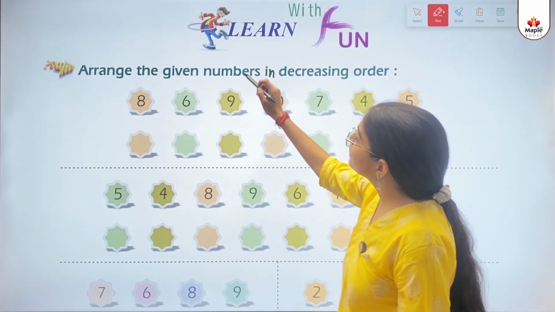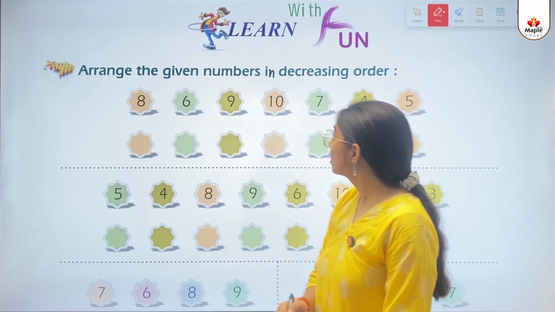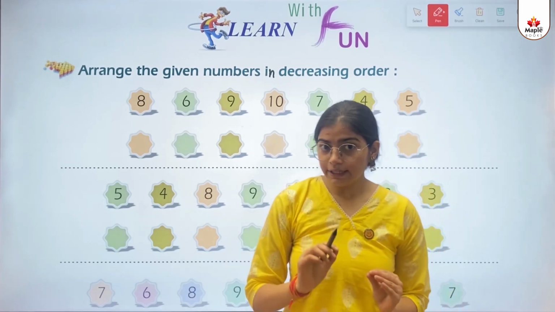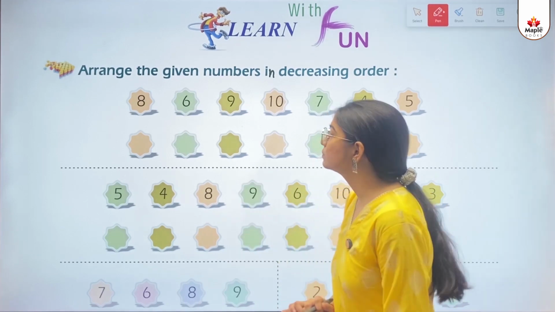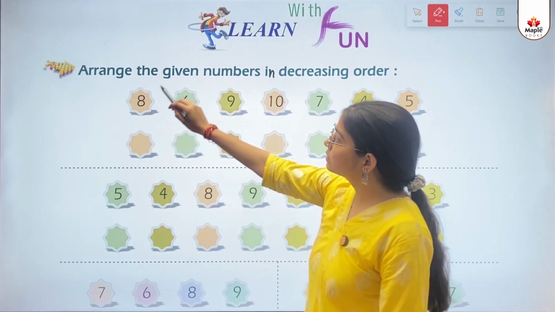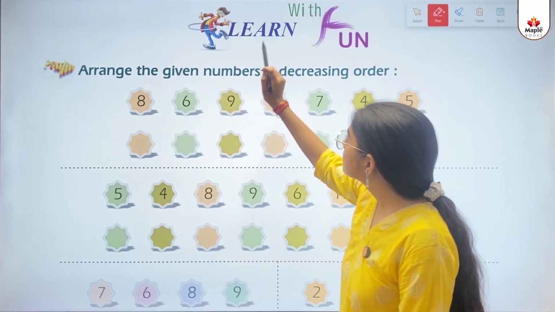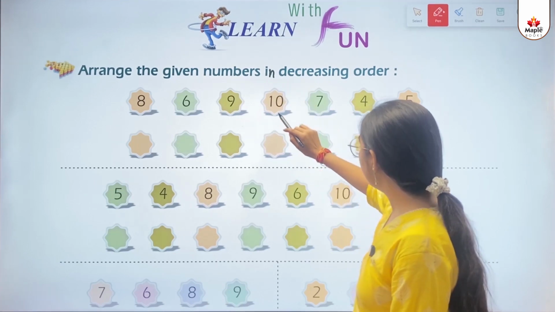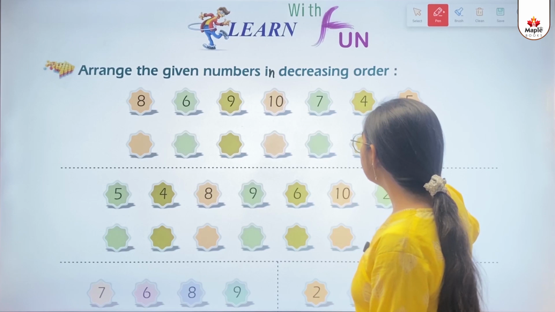Arrange the given numbers in decreasing order. So, we need to arrange the numbers in decreasing order in this question. We will look at the numbers first. 8, 6, 9, 10, 7, 4, 5.